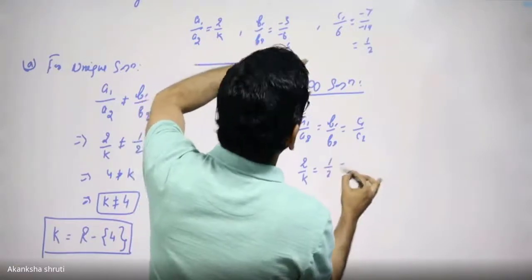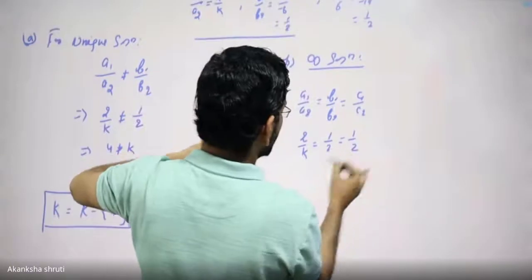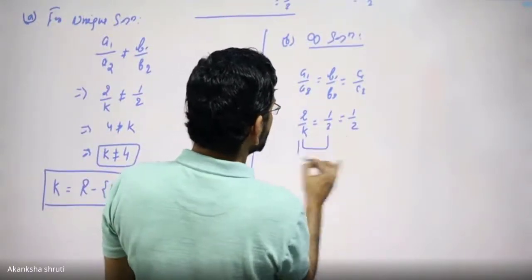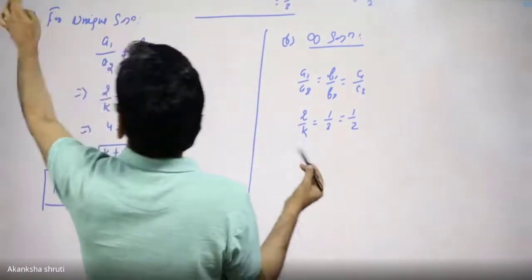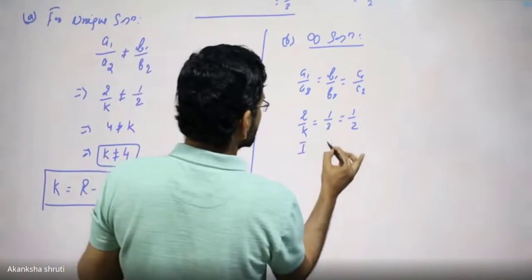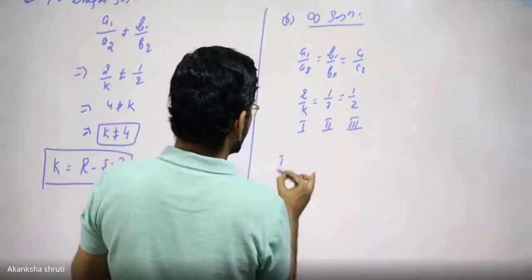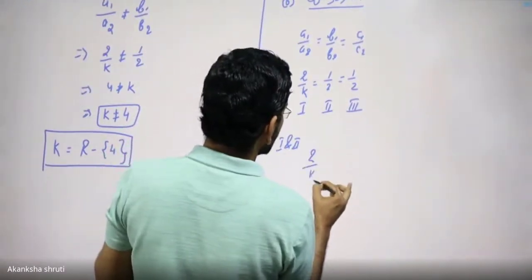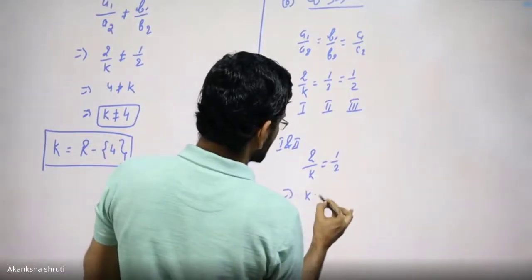Though c1 by c2 is also given as 1 by 2, this condition is already satisfied. So just taking either this and this or this and this, because it is going to give us the equation. For solving, you may consider this as 1, this as 2, this as 3. By considering 1 and 2, we can take 2 by k should be equal to 1 by 2. Means what? k should be 4.